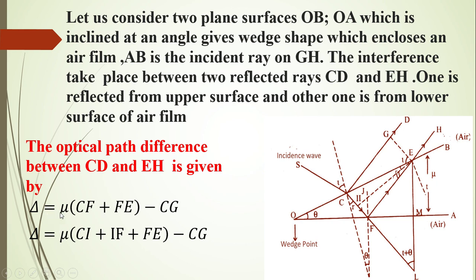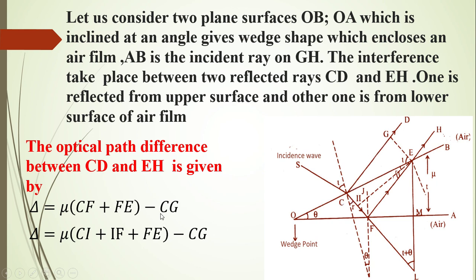So delta, the optical path of the reflected ray EH, is equal to mu into the actual path traveled by the reflected ray EH in the film, CF plus FE, minus the optical path of the CD ray in air. So mu is the refractive index of air, and the actual path of the CD ray in air is CG.